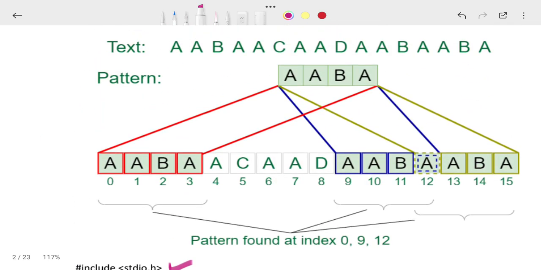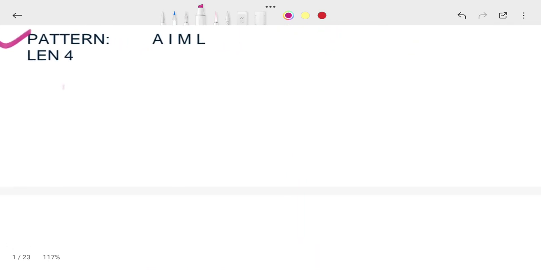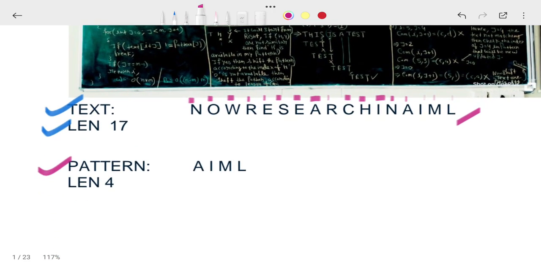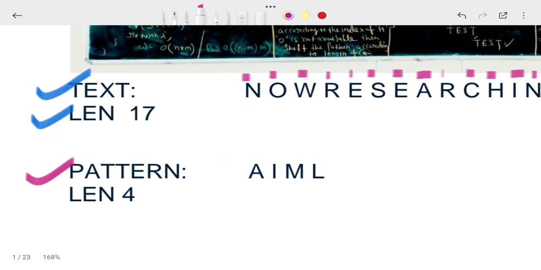Now see here. You should try to learn. This is my j, and this is my i. At first i is equal to 0, and j is also 0. I am checking whether both are equal.